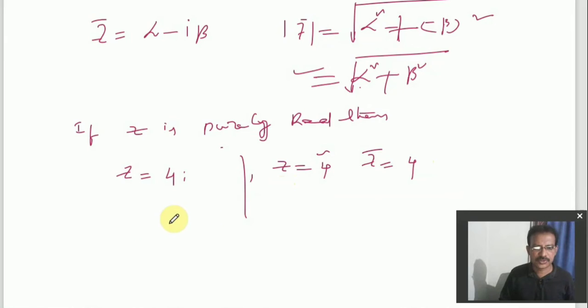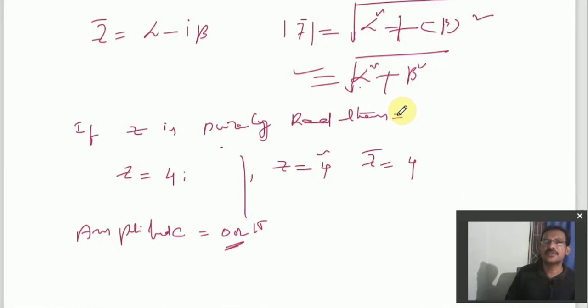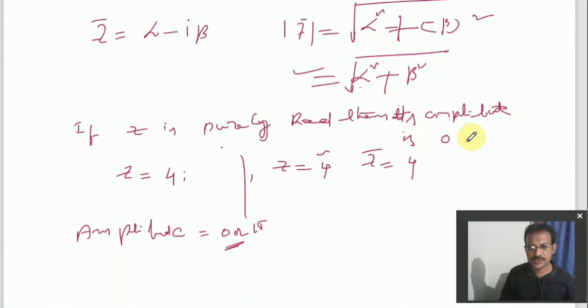So what about its argument or amplitude? Whenever z is purely real, its amplitude is 0 or pi.